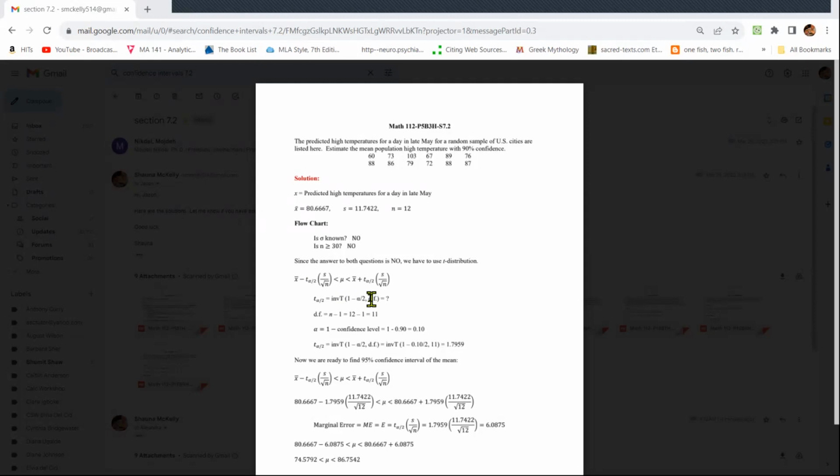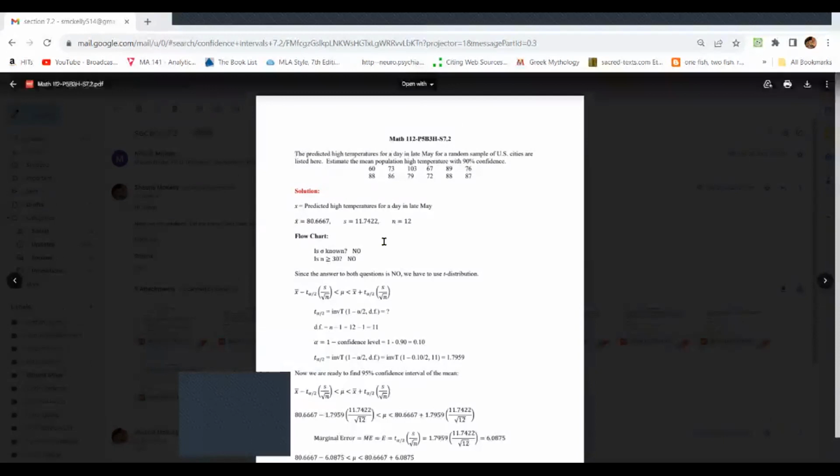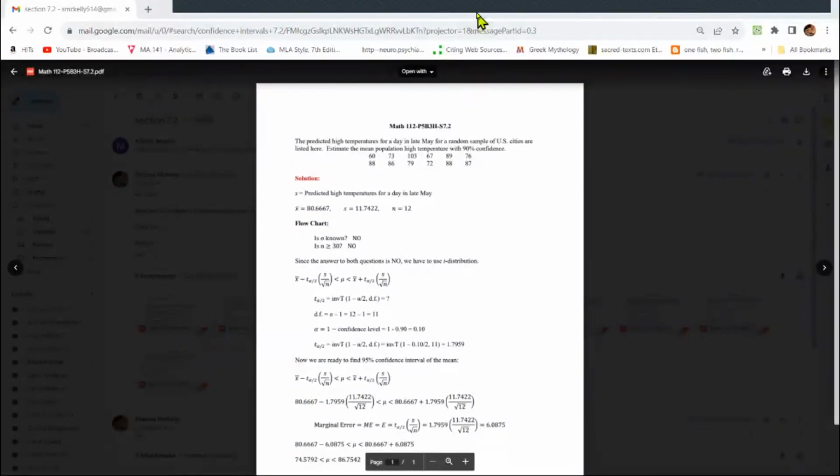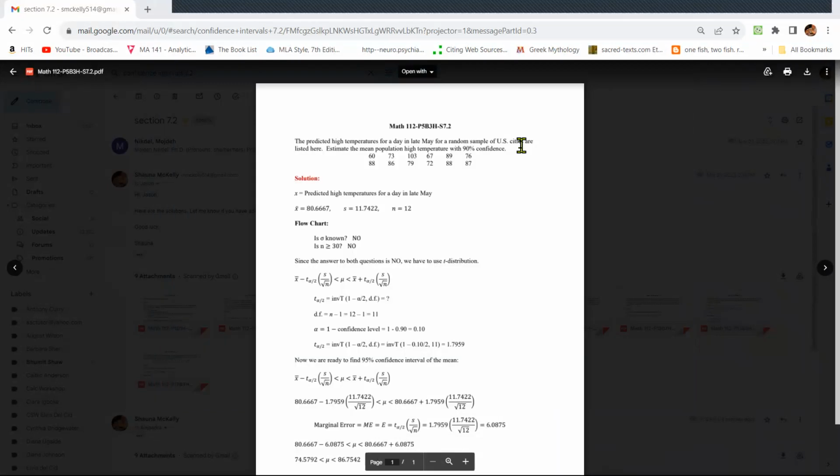Without getting into too much detail, the degree of freedom for a T-score is always 1 less than N. So in this case, 11.